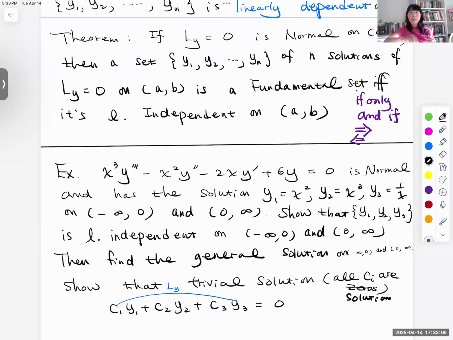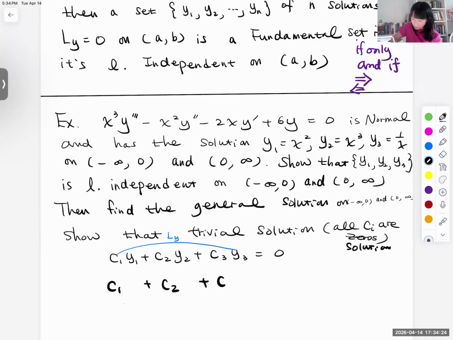So c sub 1 x squared plus c sub 2 x to the third power plus c sub 3 times 1 over x, and we set it equal to 0.